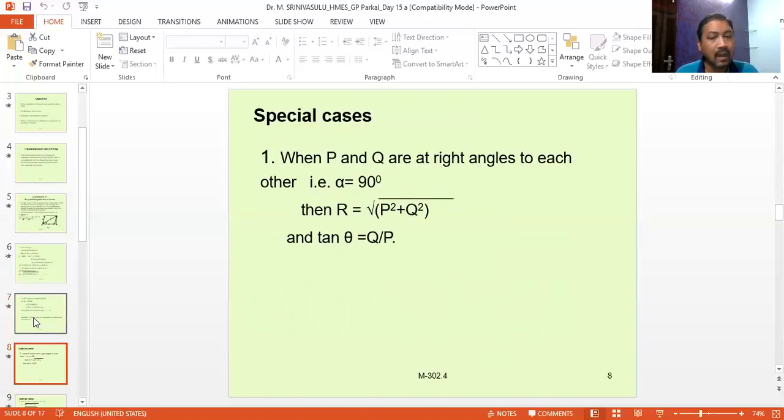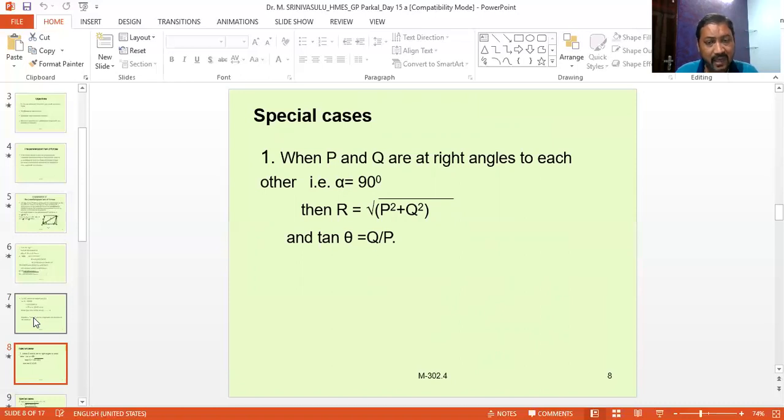Now we have some special cases. Case one is when P and Q are at right angles to each other, that is, alpha is 90 degrees. That means P is acting with Q at right angles, the angle between P and Q is 90 degrees.